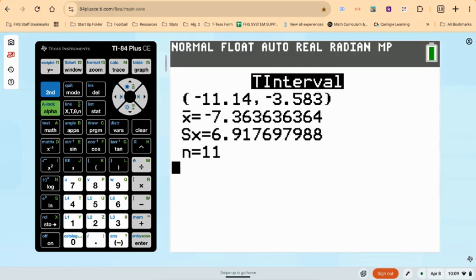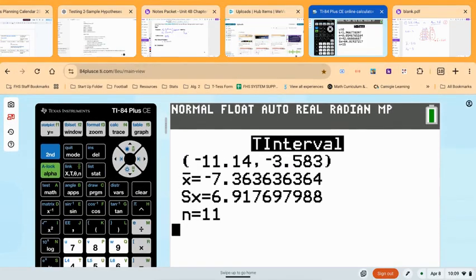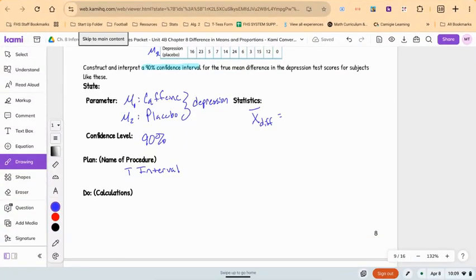And so there's my data. So I come over here. My average was negative 7.36. Okay, my interval was negative 11.144 and negative 3.583.